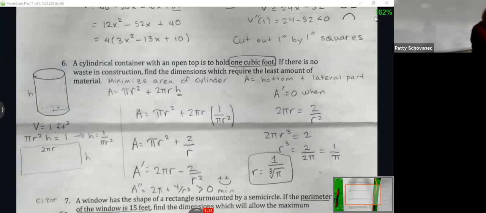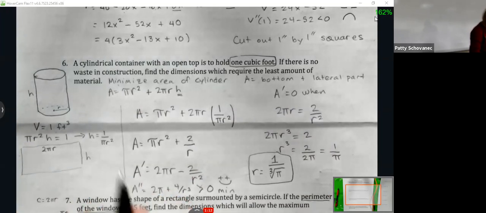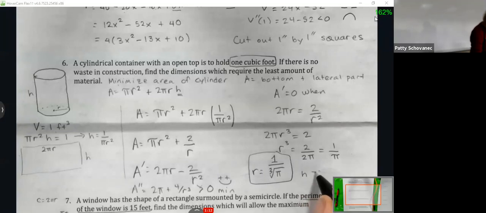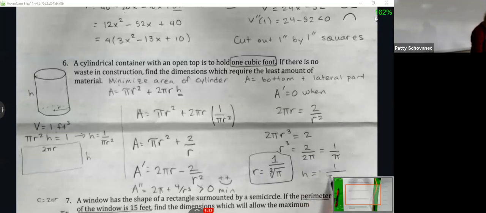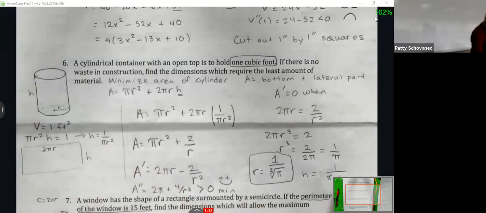Now we need the other dimensions. The h is 1 over pi r squared. So h is 1 over pi r squared. R squared will give us 1 over pi squared, the cube root, and that'll be 2/3 power.